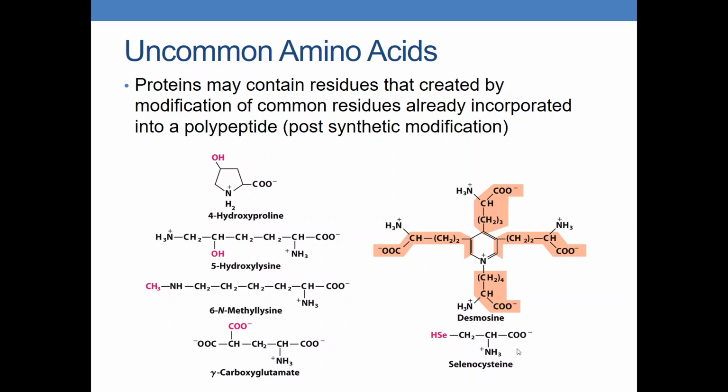If you look at it, you'll see here you have your alpha carbon, alpha amino group, alpha carboxylic acid, and the side chain here is defined by a methylene group and then a selenium atom that is bound to a proton. This looks a lot like an alcohol or a sulfhydryl.